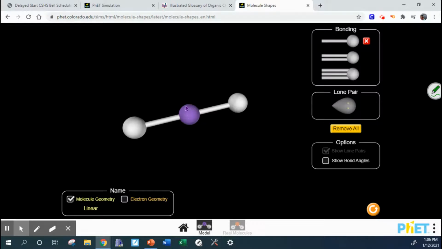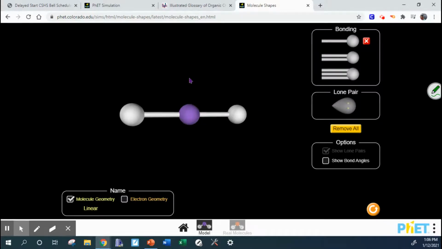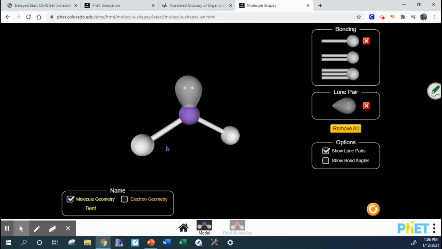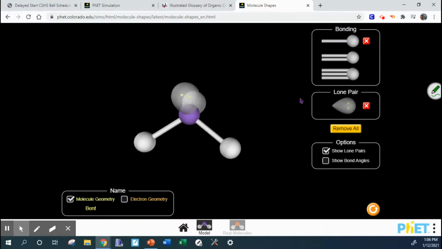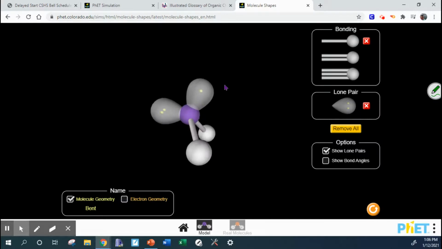I want to go through some of the shapes that are polar and some that are non-polar. When we have a linear molecule with a lone pair on it, that's going to be a bent shape, and that's going to be a polar molecule because we lose symmetry. If I have two lone pairs on it, it stays bent, and so we still have a polar molecule here.